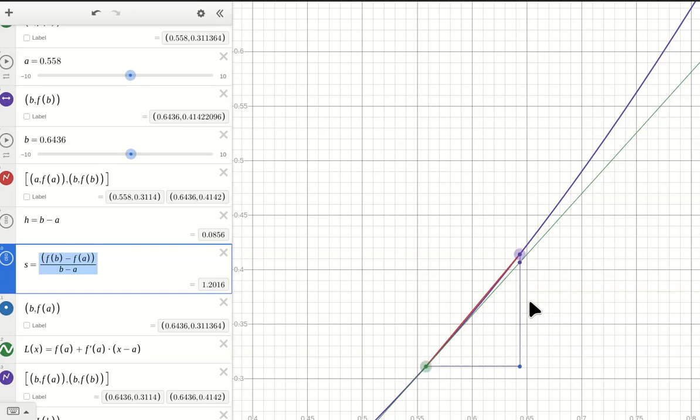That's dh, the change in height. Over the bottom we've got b minus a, the width across here. That height over that width is the slope of this line. As we take smaller and smaller, more precise measurements, we get closer to the actual velocity.